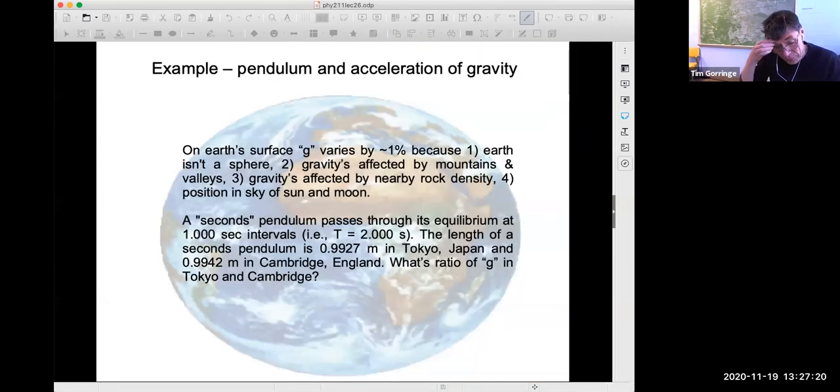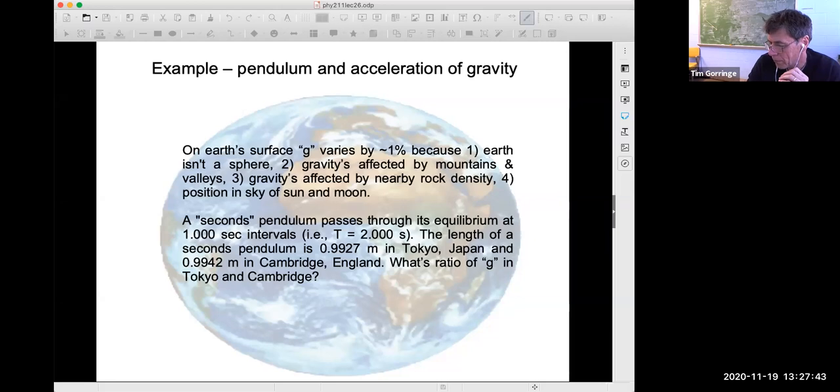Okay. So now I've got a few more examples of pendula that we'll work through in this last 15 minutes or so. One important thing that the pendulum was used for was measuring the acceleration of gravity.